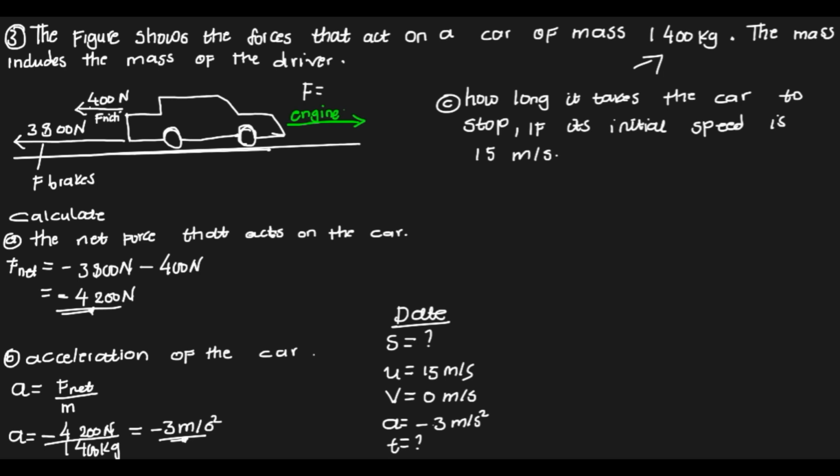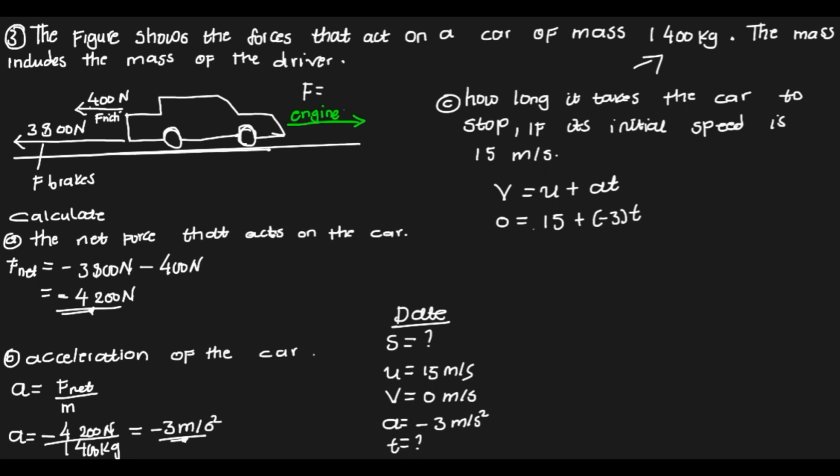So here we are going to use one of the equations of motion. The equation that we are going to use is final velocity is equal to initial velocity plus acceleration times time, so v = u + at. The reason is we have the final velocity 0, the initial velocity is 15 meters per second, plus the acceleration is given as -3.